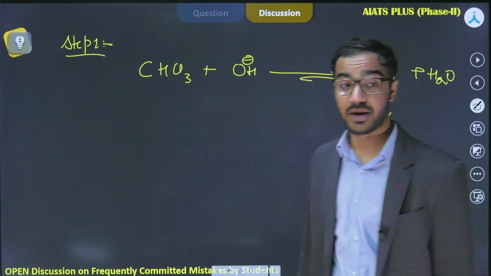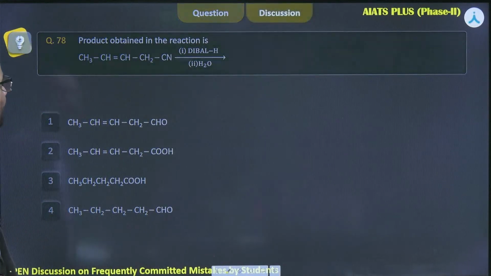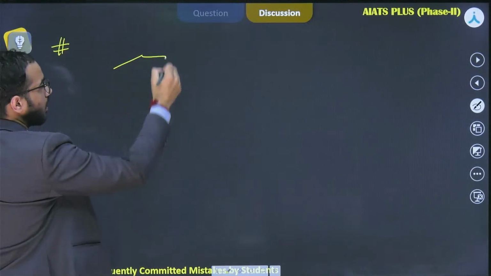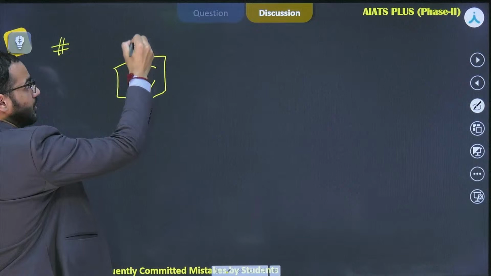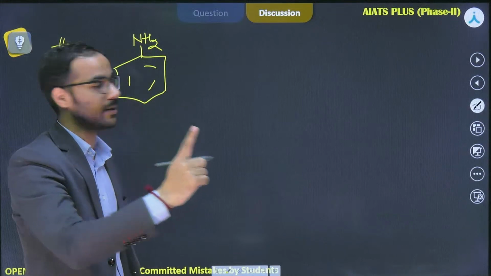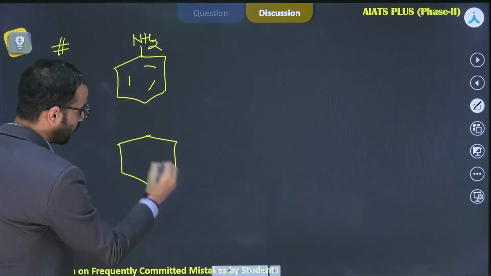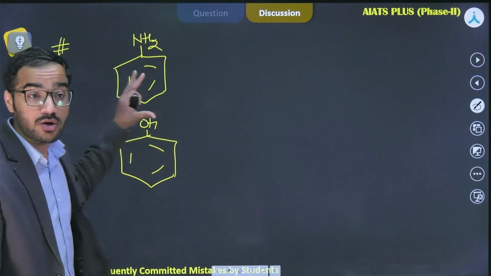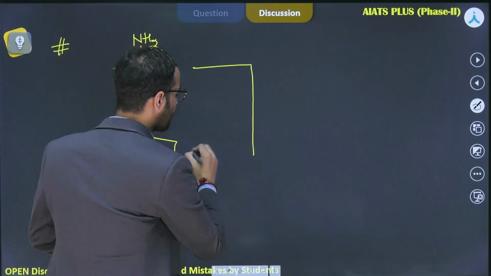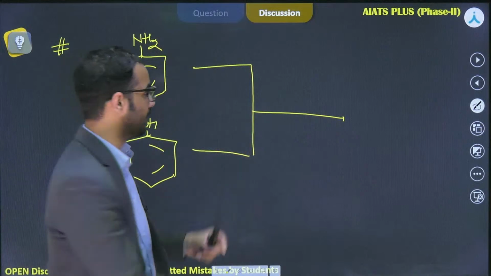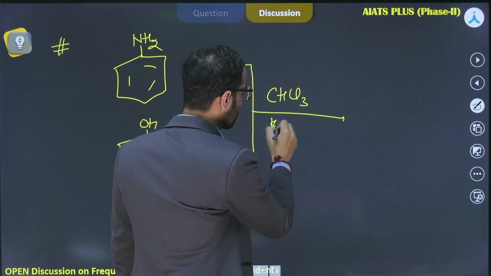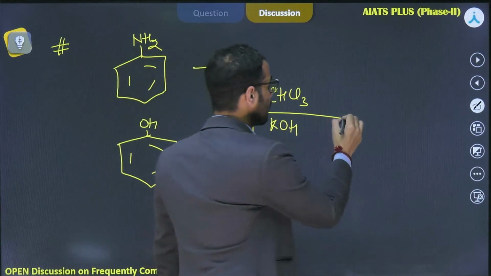So in order to memorize these two reactions, we can clearly say that when you have aniline, or any aliphatic or aromatic primary amines, and you have phenol, both can undergo a chloroform reaction. So we can see that the reagent is completely the same. You will have CHCl3 in the presence of KOH.